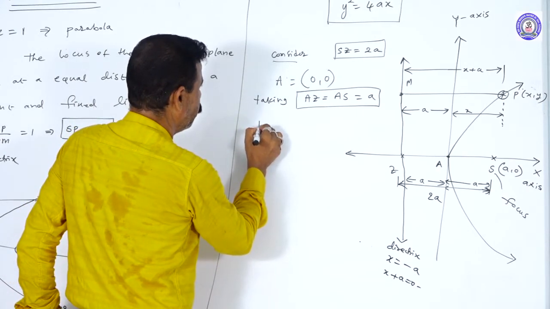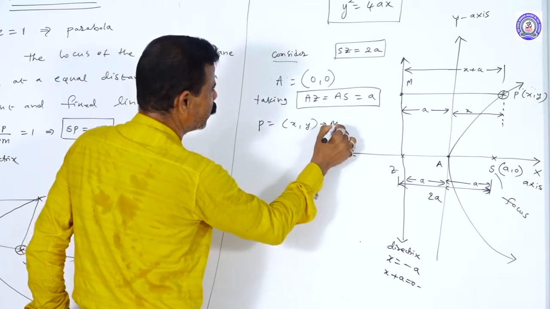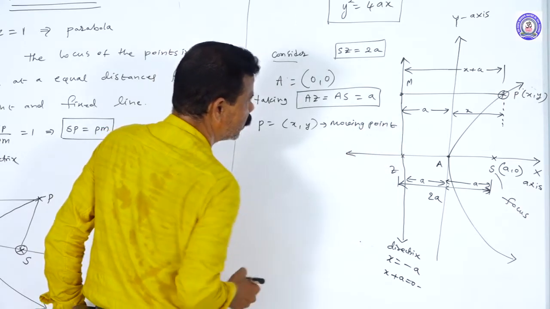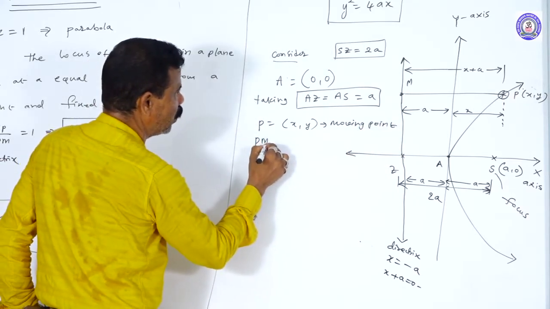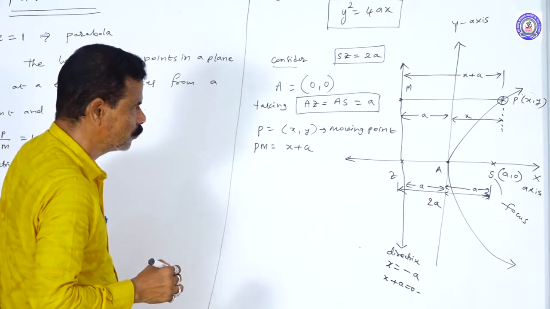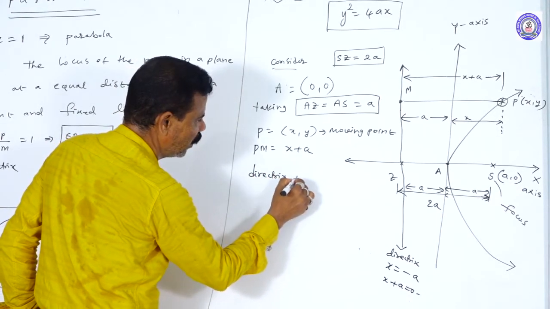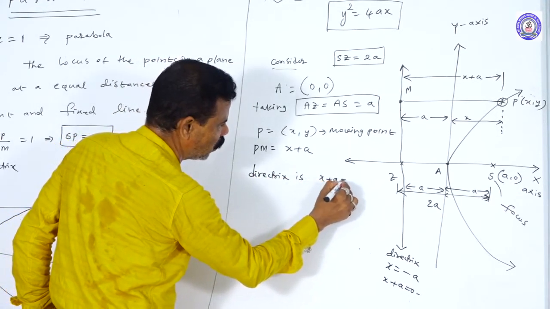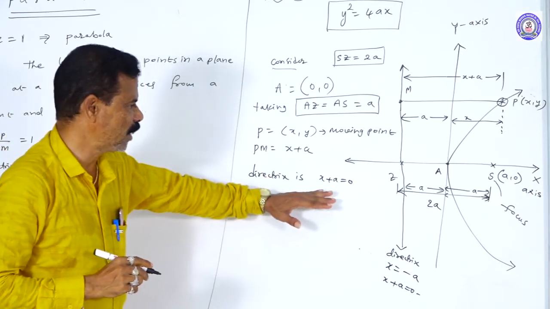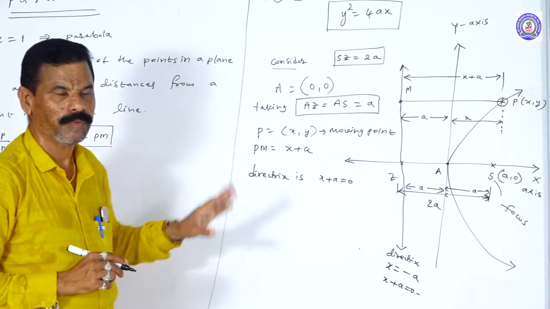Here P is equal to x comma y. This is the moving point. So PM is equal to x plus a, and the directrix is x plus a is equal to 0. These are the main important things: directrix equation x plus a is equal to 0 and focus a comma 0.